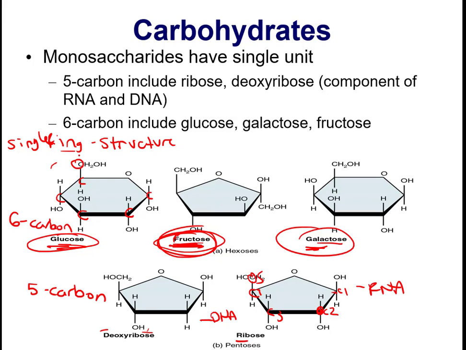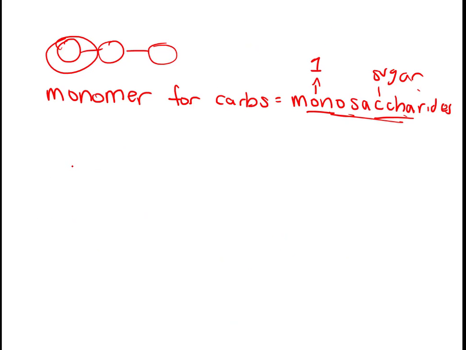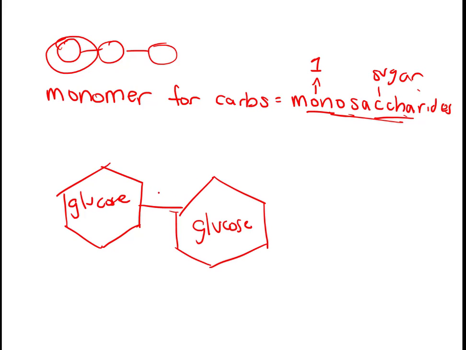So let's say, for example, we have this glucose molecule. We know glucose has this kind of weird ring structure. And let's say this first glucose hooks up with another glucose. The way these guys are going to hook up is they're going to use, again, a covalent bond. We have now created 2 glucose molecules that are stuck together. It's no longer a monosaccharide.